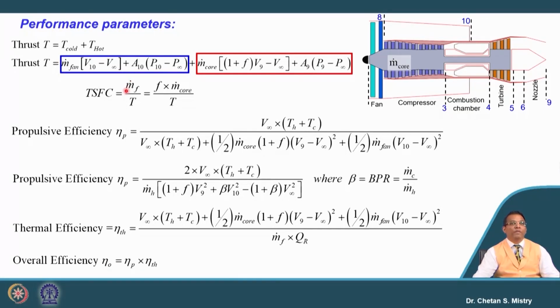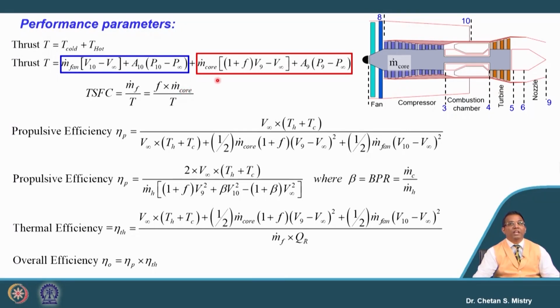Similarly, we have the terminology called thrust specific fuel consumption. That is given by m dot f divided by thrust. This m dot f is nothing but f into m core. Be careful, this is not our free stream air mass flow rate which is entering the engine.